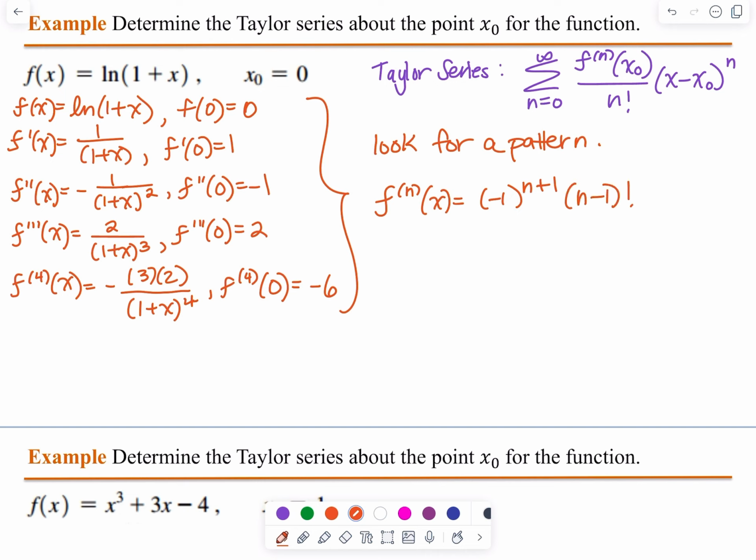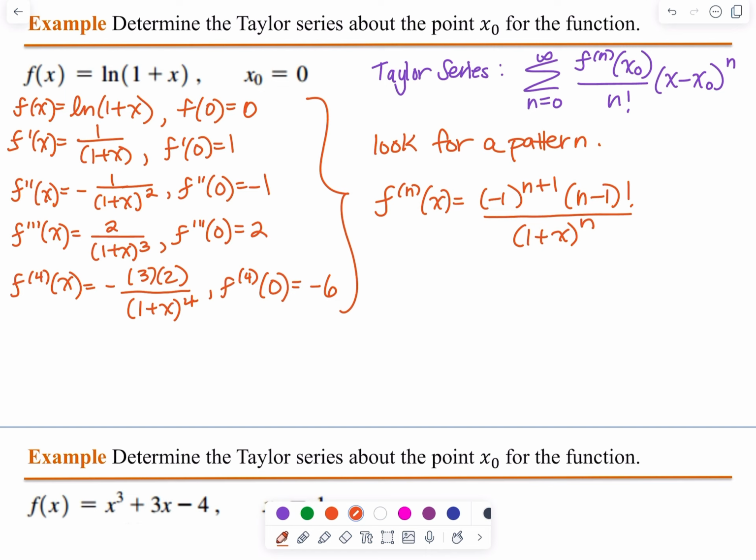So we can see that this is a 3 factorial when n is 4, a 2 factorial when n is 3, and so forth. So that factorial is 1 less than n. And then we notice that the denominator is 1 plus x, and that is to the nth power.